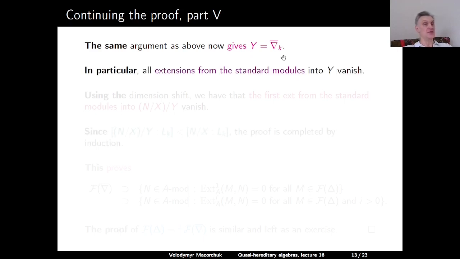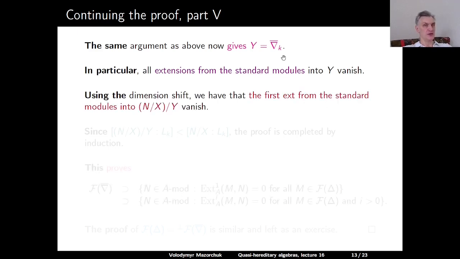And in particular, we have that all extensions from all standard modules to Y vanish. And so from the long exact sequence in degree 1, it follows that the first extension from the standard modules to N/X/Y vanishes. And since the multiplicity of L_k in our cokernel is strictly smaller than the multiplicity of L_k in N/X, our claim that N/X belongs to F(∇̄) follows by induction.